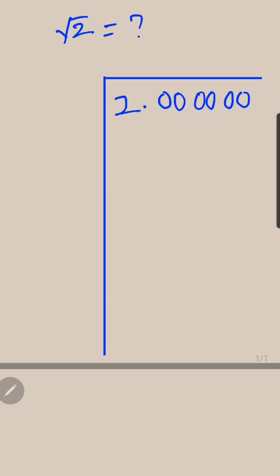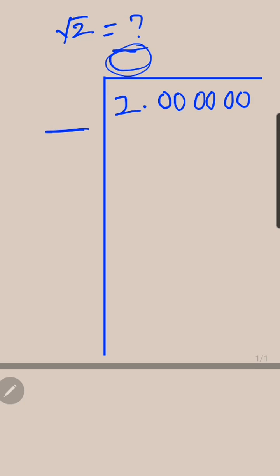Now after this, for this 2 we have to divide it. How to divide? Generally, what are the divisor and dividend we are taking? Divisor we have to write here, and quotient we have to write here.